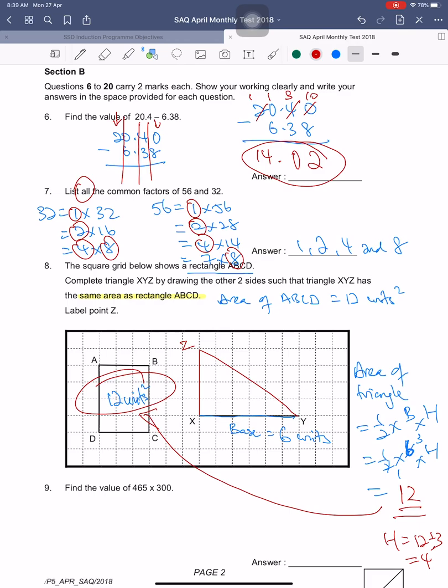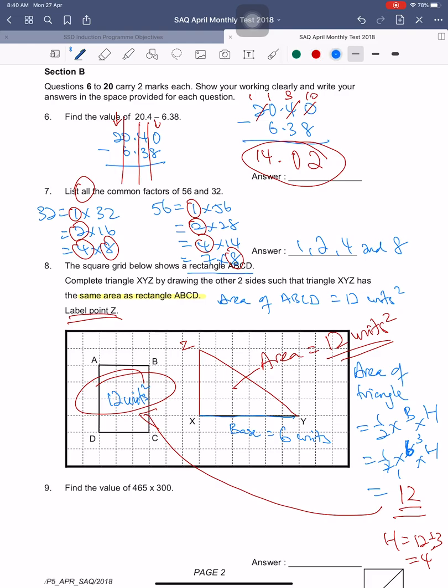So this will be the triangle XYZ in which the area will be 12 square units. So 2 marks, 1 mark for drawing the correct height. The height must be 4, and 1 mark for labeling the Z. You must label because the question has mentioned you need to label the point Z.